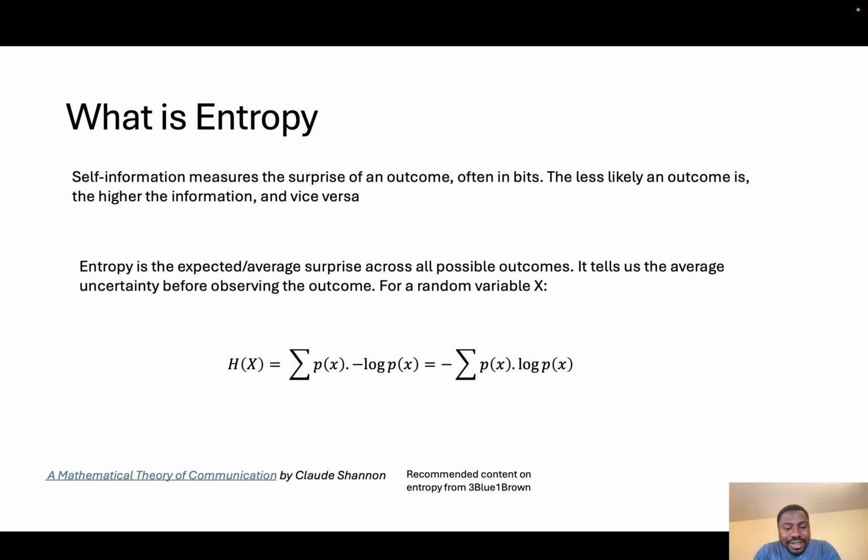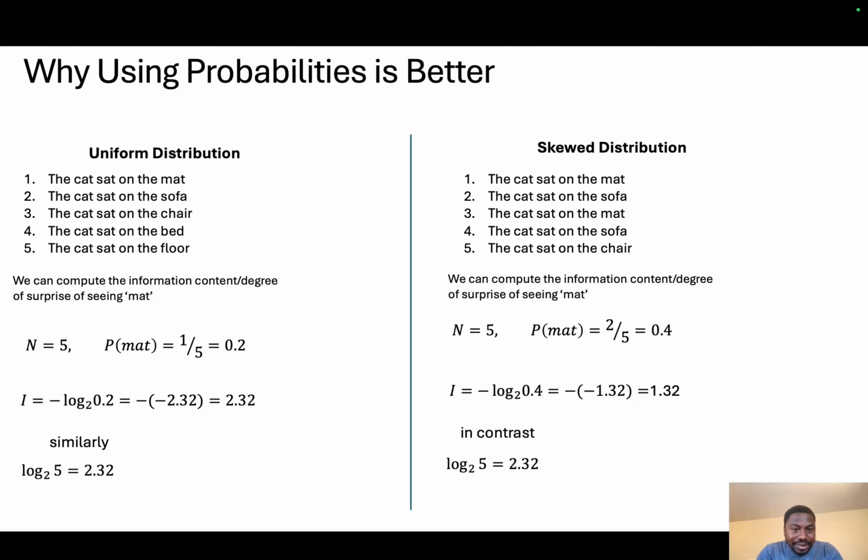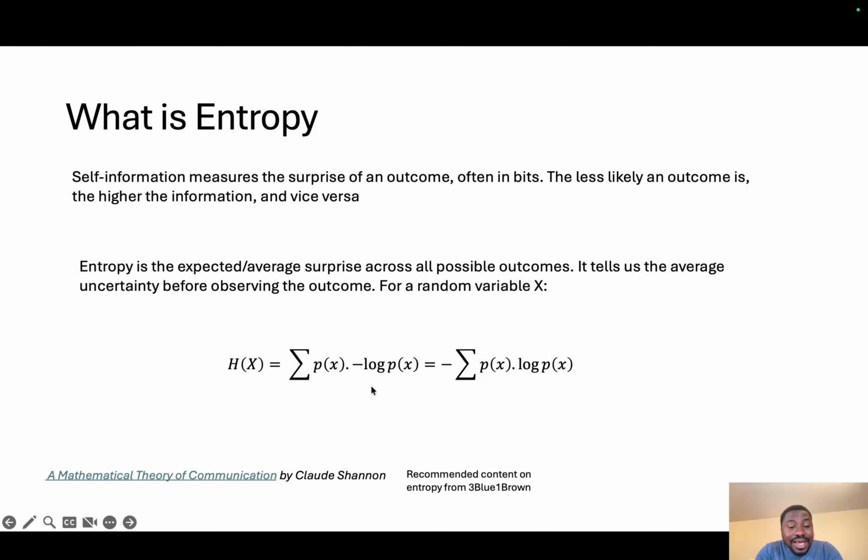The entropy can be measured as the summation over x of the probability of any output multiplied by the negative of the log of the probability of that output, which gives you the minus summation of p(x) log p(x). Information is the surprise, and entropy is the average of that, right?